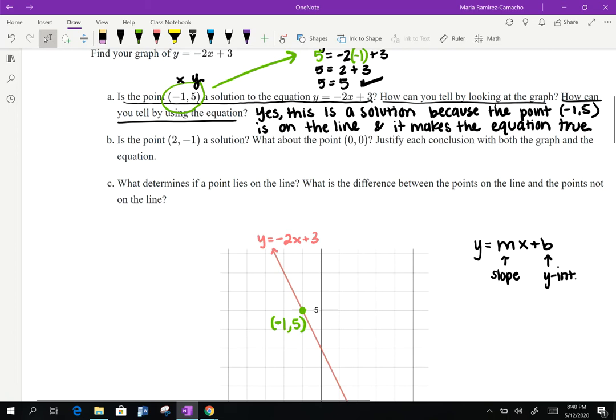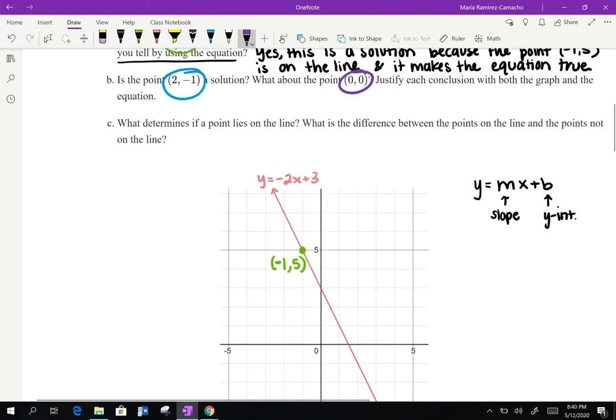Part B says, is the point 2, negative 1 a solution? What about the point 0, 0? Justify each conclusion with both the graph and the equation. So let's take both of these points and let's see if they're on the line. If they're on the line, they're a solution. If they're not on the line, they're not. And then let's plug them into the equation to see if it makes the equation true.